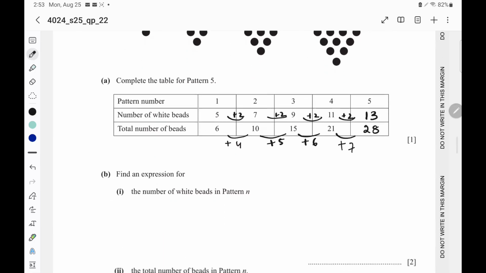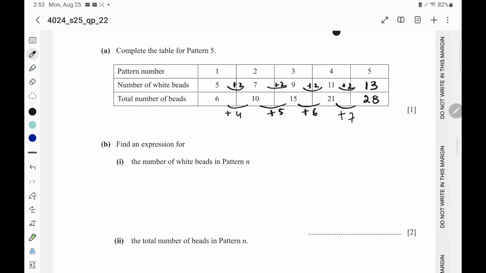Okay. All right, find an expression for the number of white beads in pattern n. It means the nth term for white beads, and we have the same difference between each and every term. It means it is a linear sequence. So the formula to find the nth term of a linear sequence is a plus d(n minus 1), where a is the first term of the sequence, which is 5, and d is the common difference.